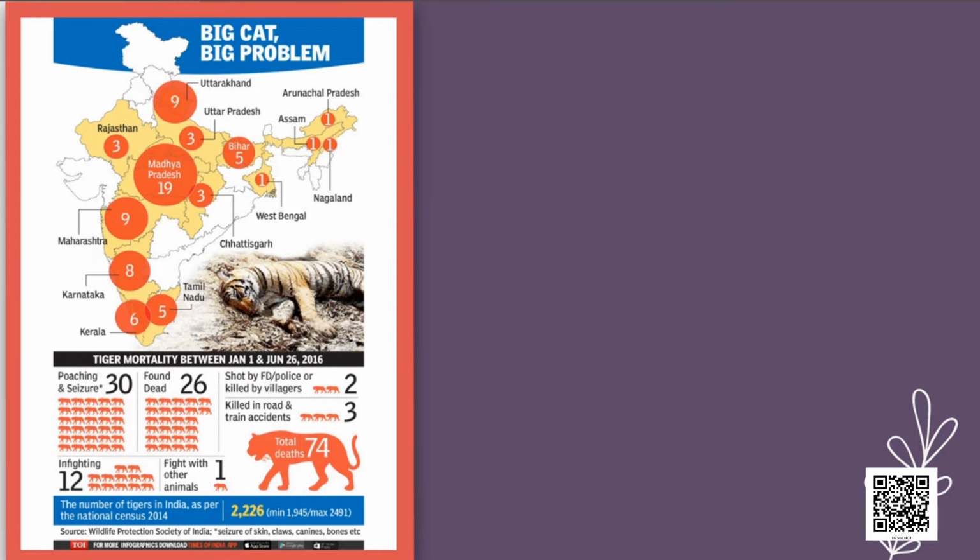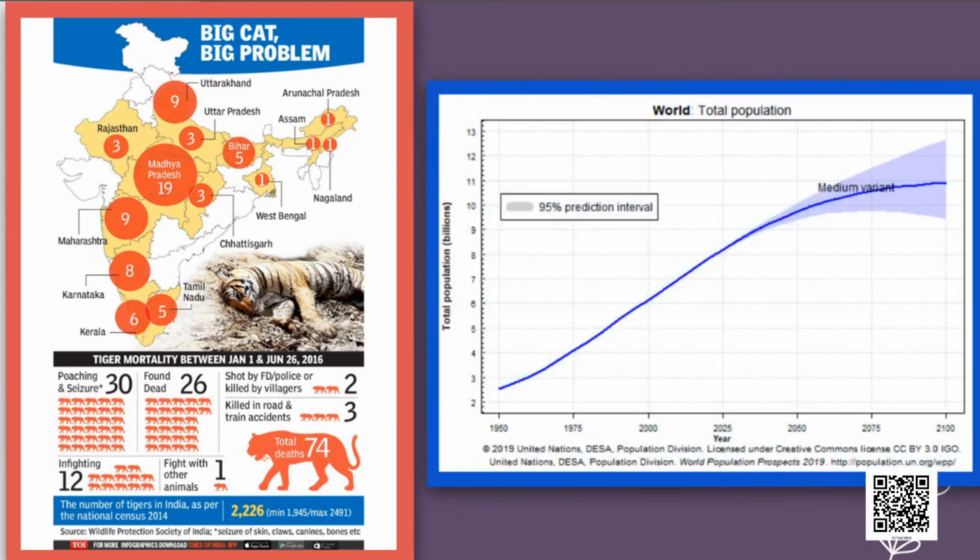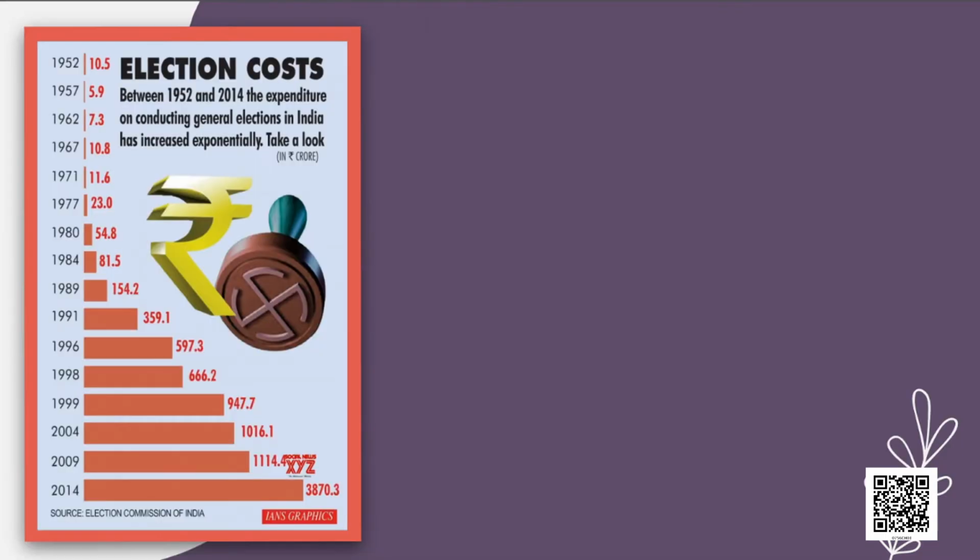And here is a line graph showing how population increased from 1950 till now, and also shows the prediction of future population trends. Children, as of now, the population of the entire world is about 7.8 billion or 780 crores.